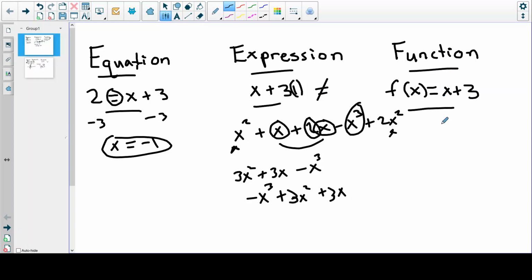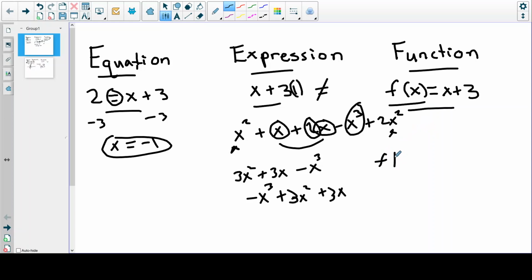So with a function, which was our last type you'll see, it is going to be similar to an equation, except you can't solve anything, but there still is an equal sign. Functions are usually used to manipulate or graph, and so a big indication that you're going to see a function is that it's going to have an f of x.